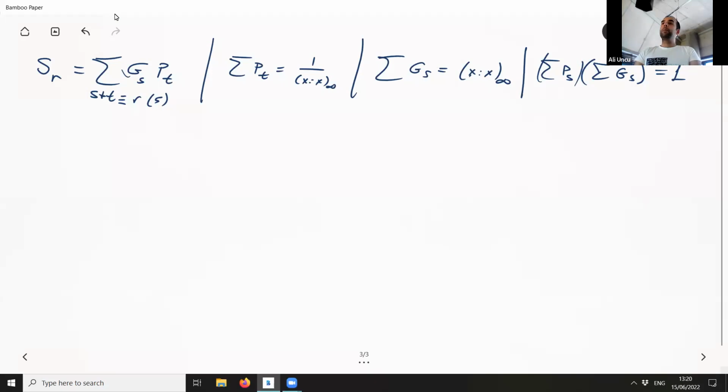So let's look at the pieces of that. If I were to write down S of 0, what would be the product? I would need all the S plus T's to be 0 modulo 5. I need all these combinations. So one of them is I can have G of 0 and P of 0, P of 5. So you add the sub-indices, it is 0 modulo 5.